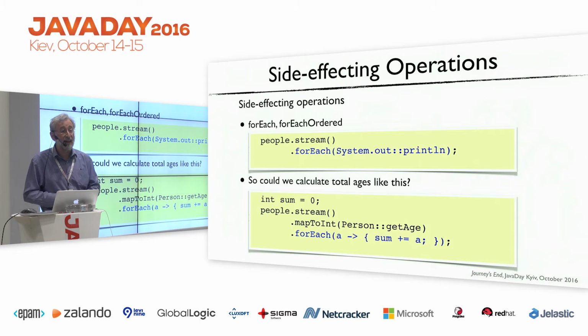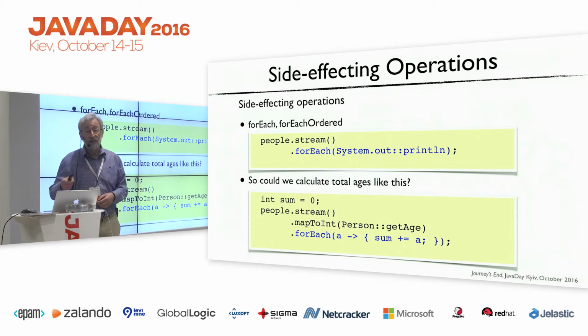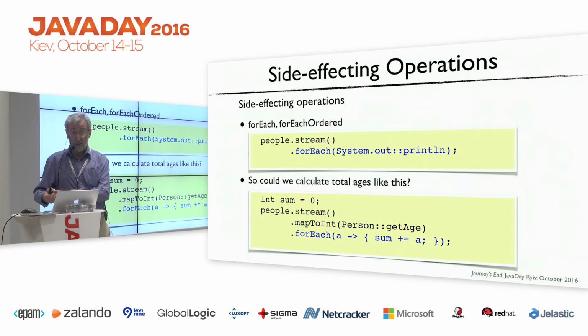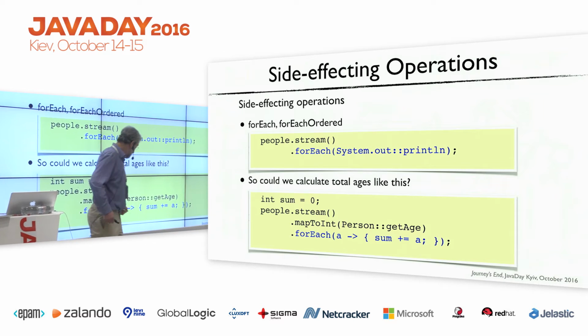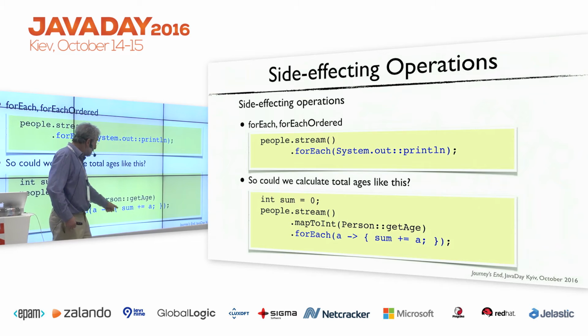The question is, of course, why can't I do this? It seems a reasonable thing to do. What we're used to doing is declaring a variable that's going to be used as an accumulator, and iteratively, for each element that comes down the stream, I want to supply it to this consumer here. So this takes a value and it works by side effect.